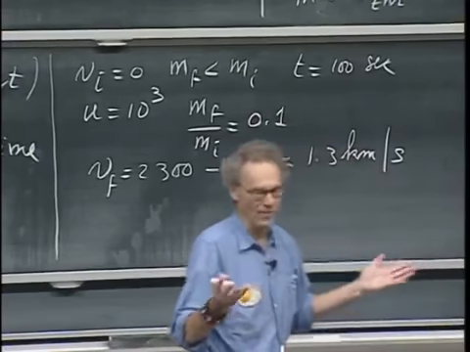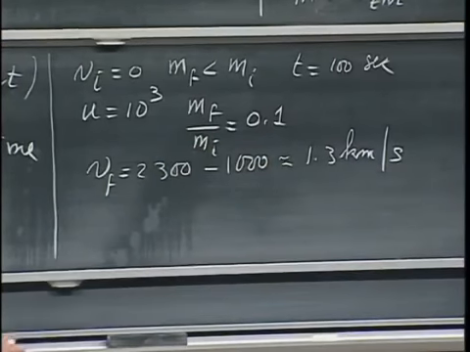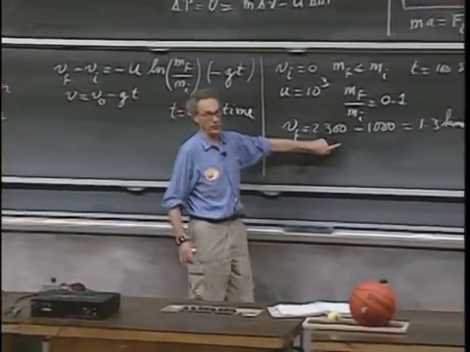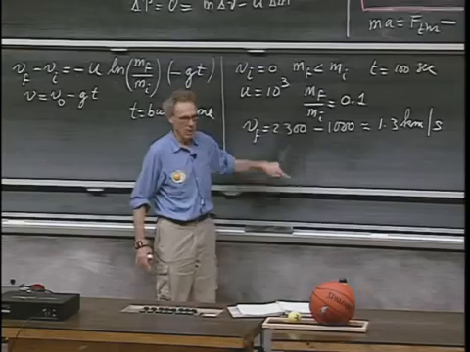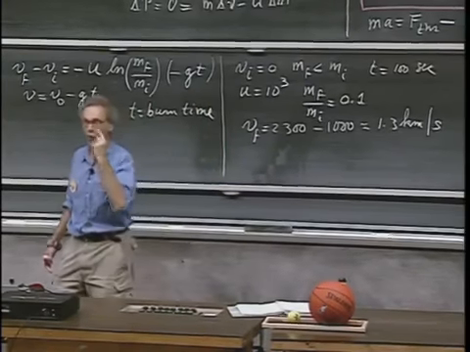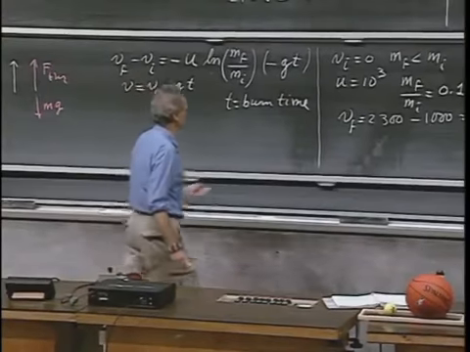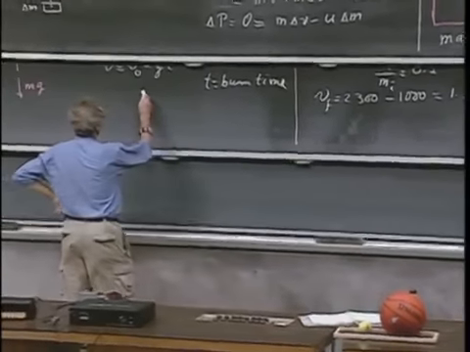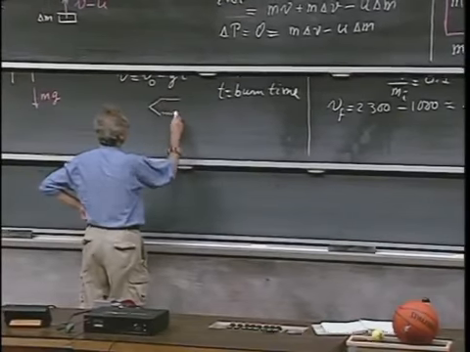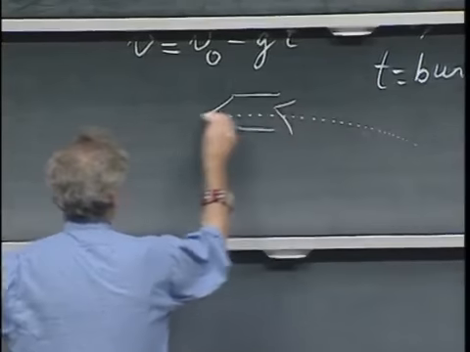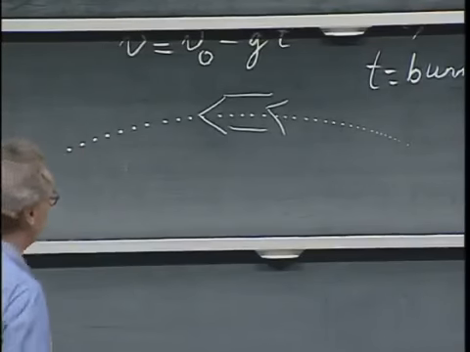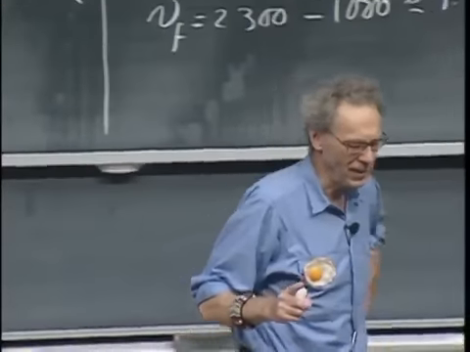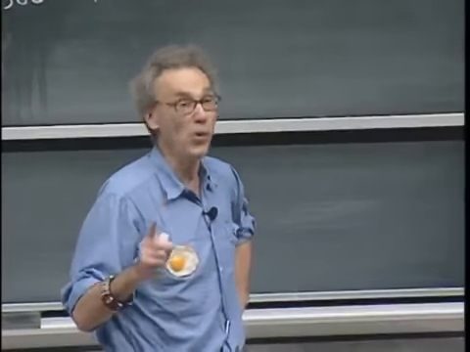Now, if there were no gravity, then of course the gain in speed, this difference, would be 2300 meters per second. Also, if there is no vertical launch, but if, for instance, the rocket were in orbit around the Earth, here we have the rocket, and it's going in orbit around the Earth, then even though there is gravity, gravity is now not doing any work.